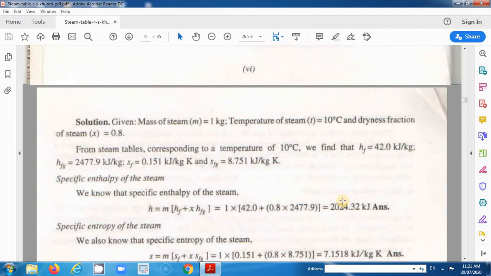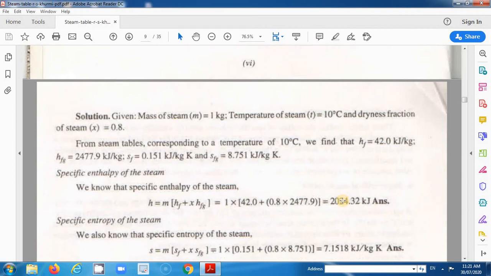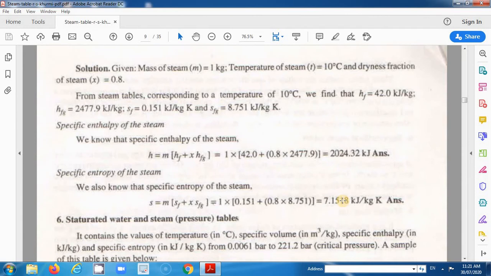Similarly, now it is asked to calculate the specific entropy of the steam. We know that for specific entropy of the steam, again the formula is S equals mass into, instead of HF and HFG, SF and SFG.